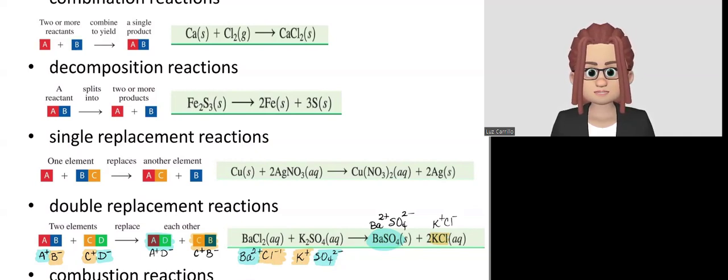In chapter 9, we are going to explore how we can define what makes the product a solid or aqueous.